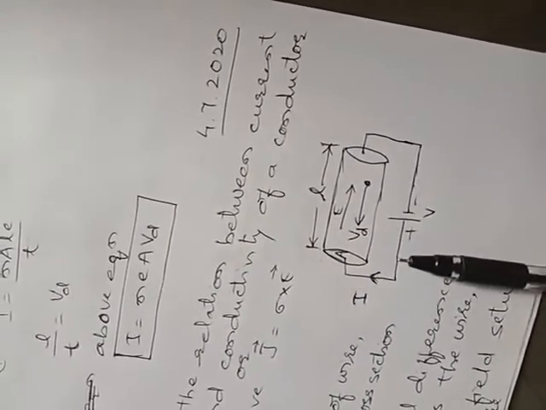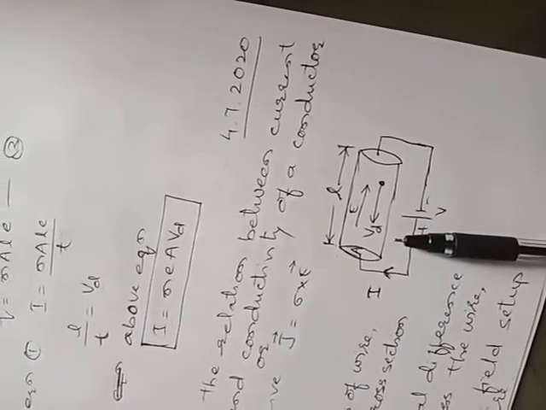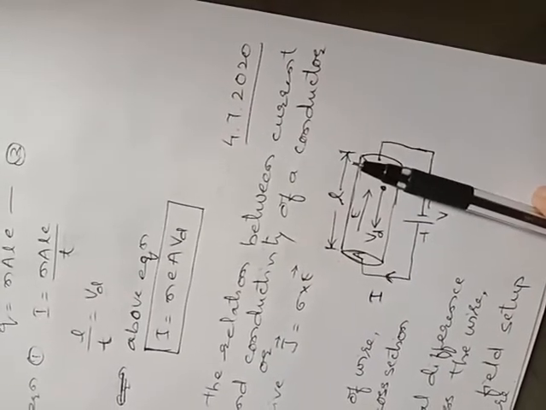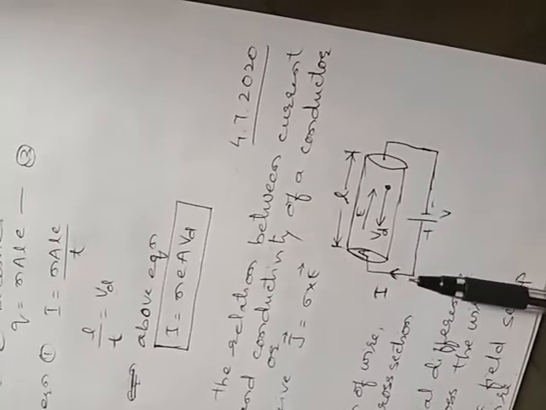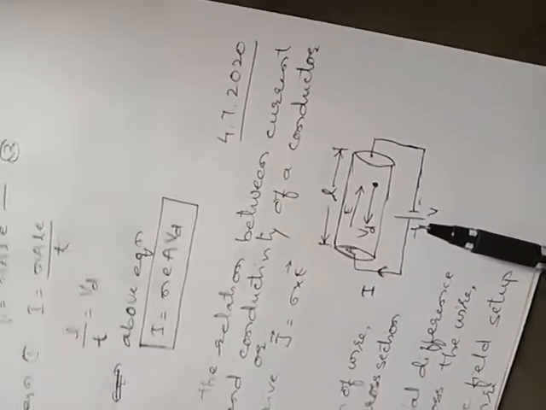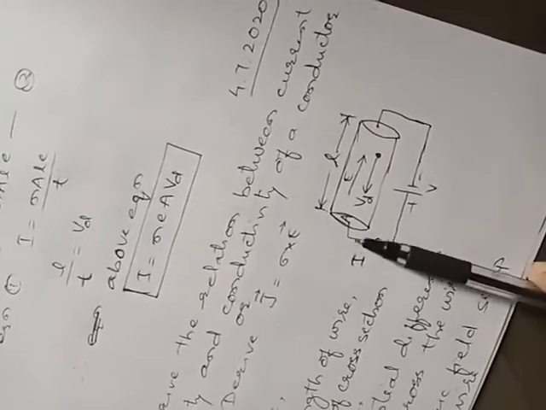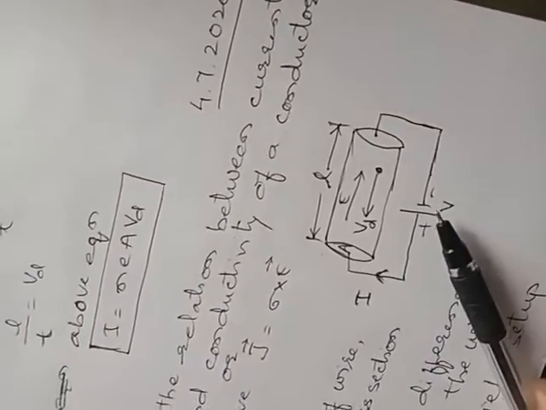So here we are again considering this figure. We will consider a wire of length L which is connected to a battery. When we connect the battery, it will give a potential of V. One end is connected to positive, another end is connected to negative.